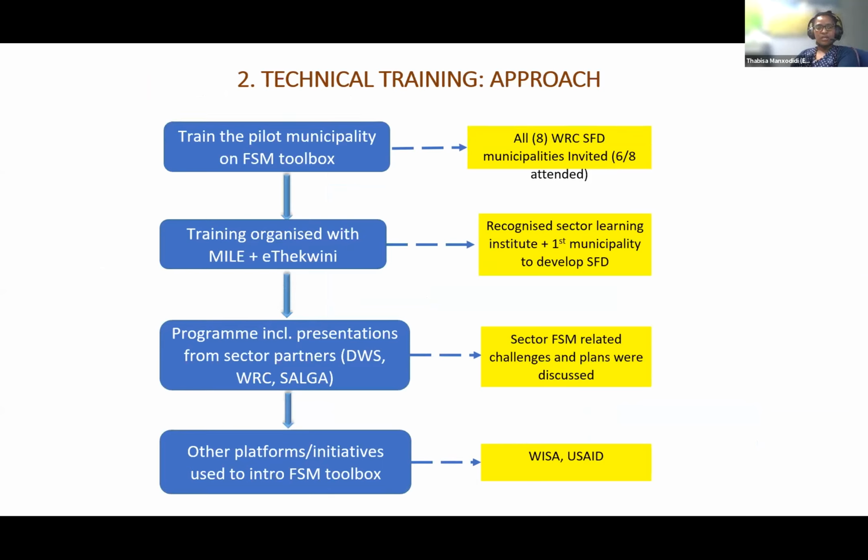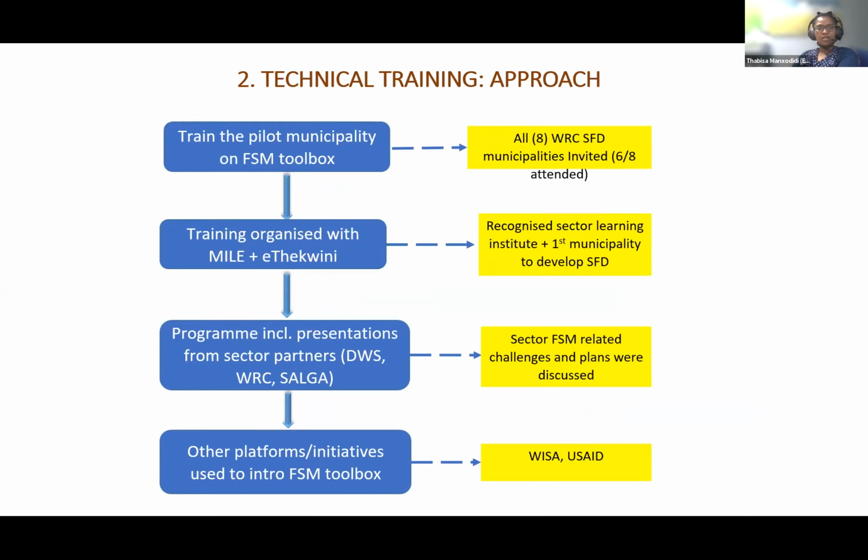The technical training, as I've indicated, the second part of the project, was to go to the municipality and train the pilot municipality, which in this case is UThukela, who will give their brief experience on how they used the tool and what experiences they had.